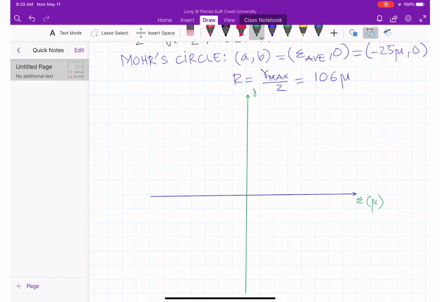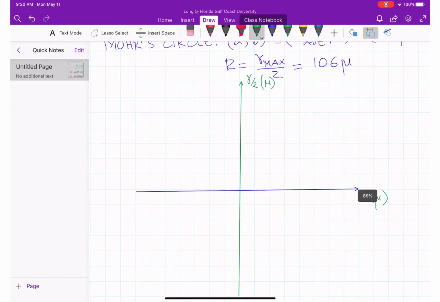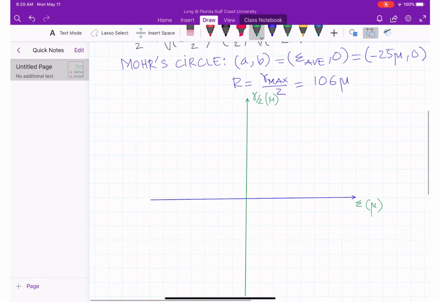So as you can see, the vertical is gamma over 2, not gamma, and the units is micro. So from that one, let's see, one grid in here, we make that 25 micro.